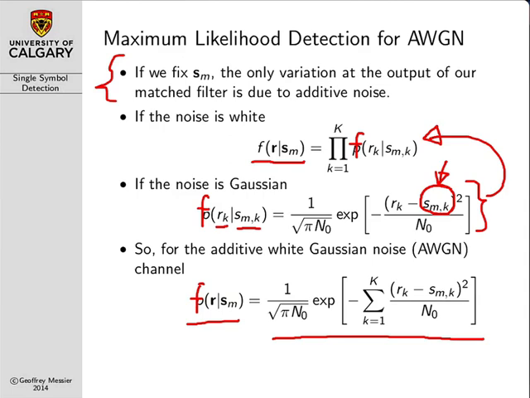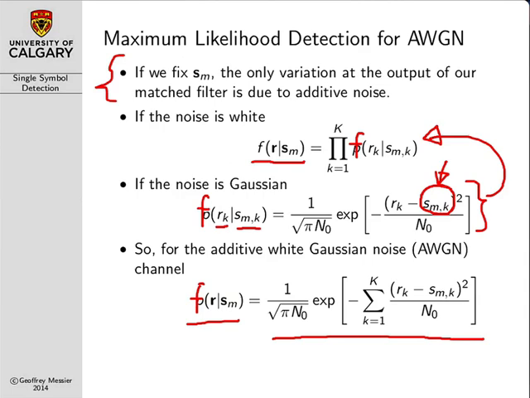And so this is the likelihood function for any communication system in the additive white Gaussian noise channel. And so you can actually use this equation to perform maximum likelihood detection such that you minimize your overall probability of error. How would you do this?